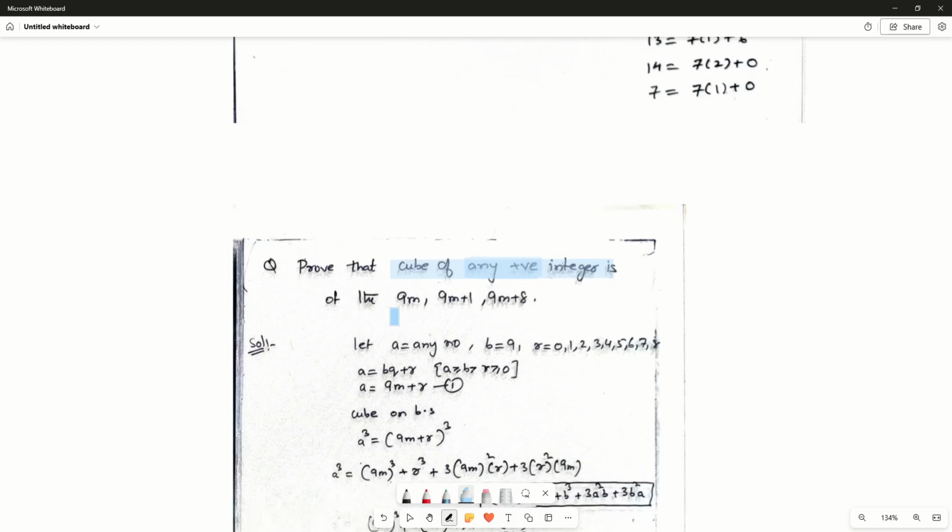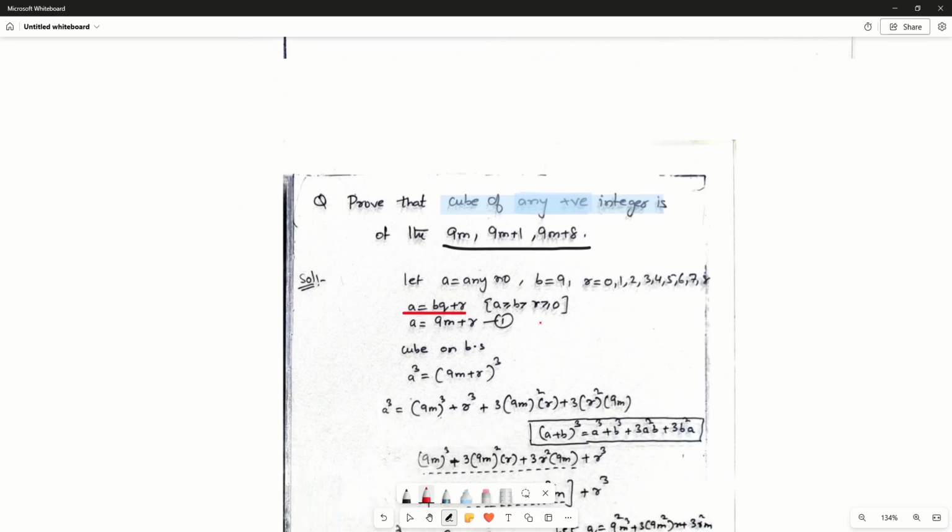If we relate the expression 9m, 9m plus 1, 9m plus 8 with a is equal to bq plus r, where a is greater than or equal to b is greater than r is greater than or equal to 0, we already know that r will take values from 0 to 8 only, and a could be any number.